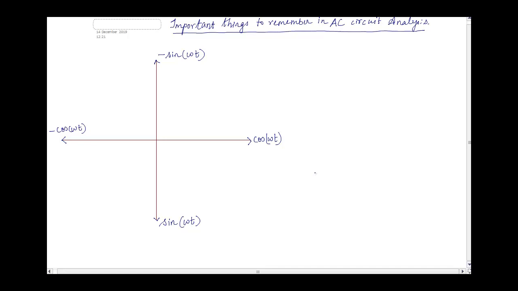There are some important things to remember when we are carrying out AC circuit analysis. One of the major among them is the value of the voltage source written in manners like this.